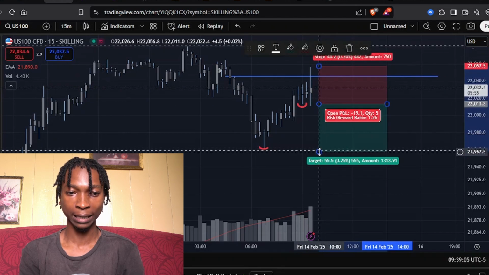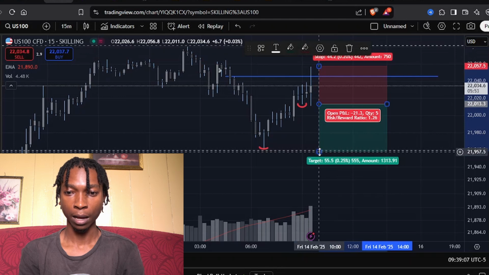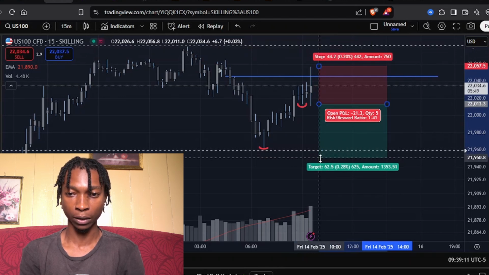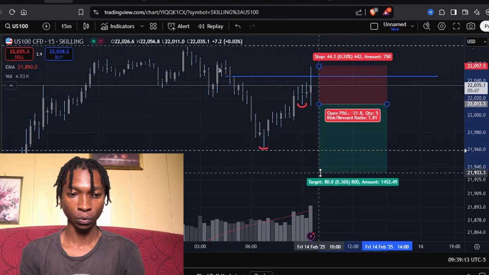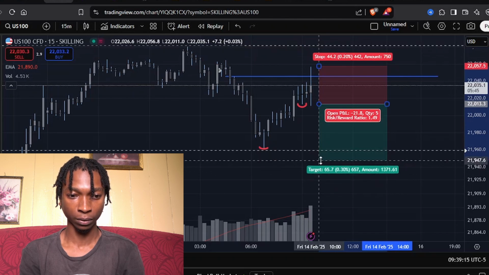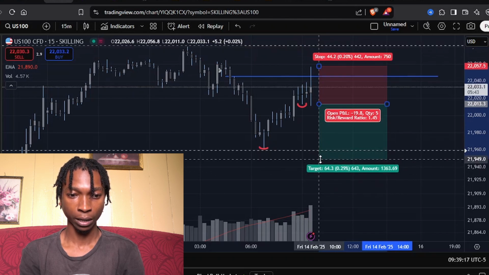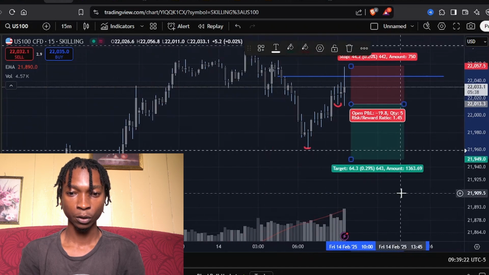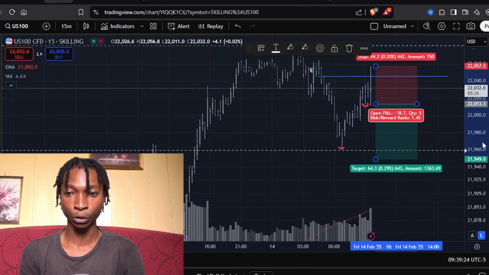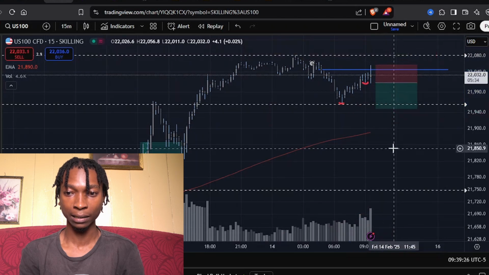And since this trade is against the trend, I would only hold it for something like a 1 to 2. So honestly, I would hold it right here. I won't hold it for anything longer than right here, because it's possible that we fall. It's really and truly possible that the price just tanks.